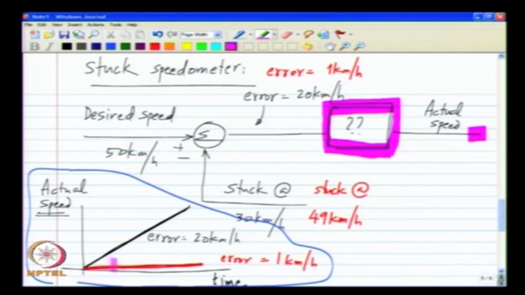It is very obvious simply by looking at this curve. What you need here is an integrator. An integrator simply says that if there is a non-zero input, the output will go on increasing if the input is positive, and the output will go on decreasing if the input is negative. So that is what an integrator is, and integration is what you do.